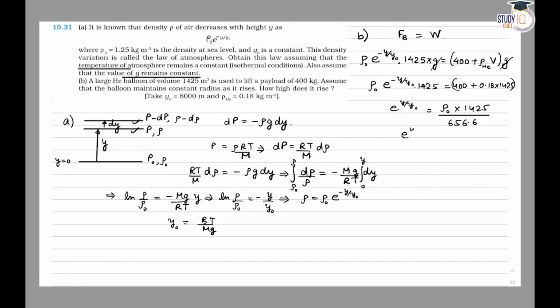So e raised to power y upon y naught gives you 2.71. So this is 2.71 raised to power y by y naught is equal to 2.71, and that gives you y is equal to y naught, and that is 8,000 meters. The maximum height to which it will rise will be 8,000 meters.